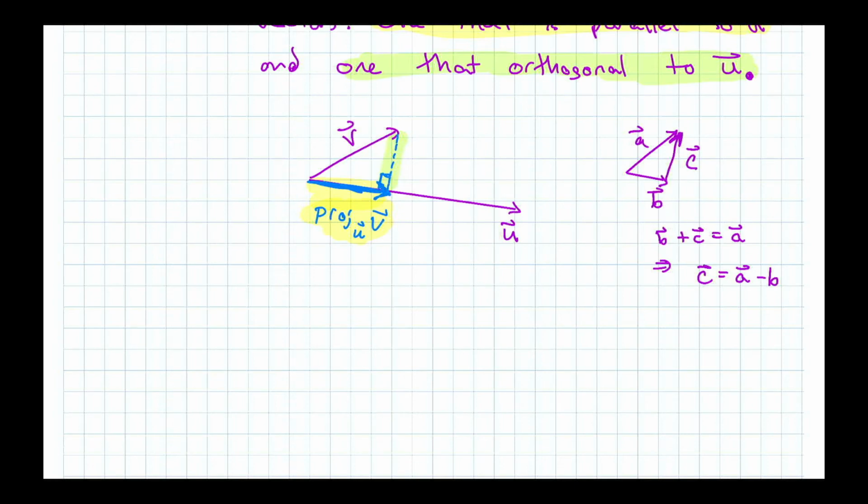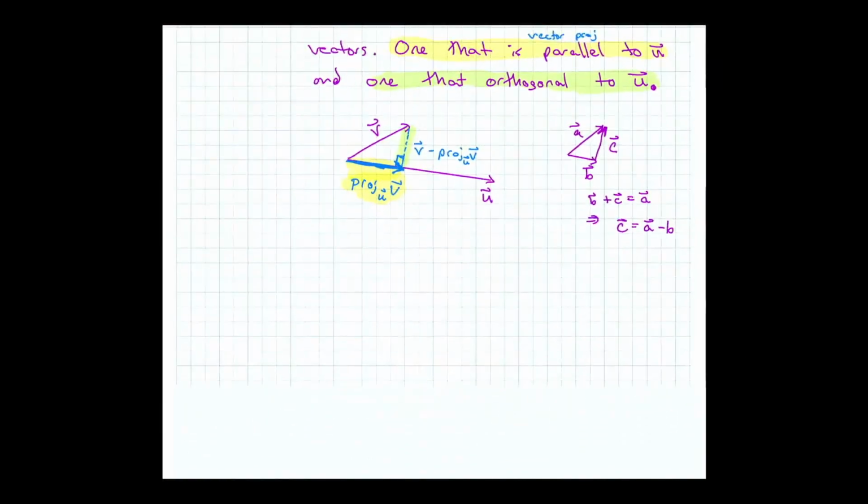And then you can solve for c just by moving the b over and you get c equals a minus b. So if you want to figure out what this is here, it actually turns out just from the geometry of the situation to be v minus that projection. That's how you get that side of the triangle.